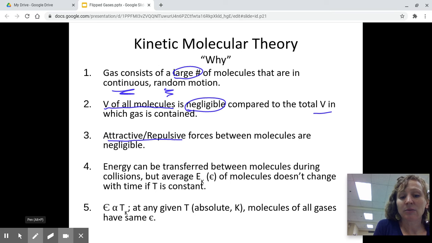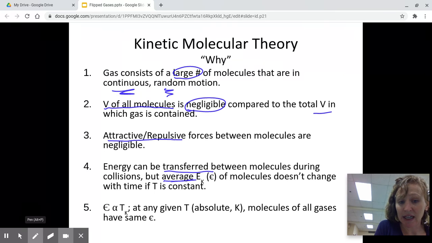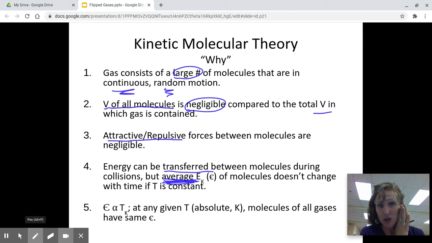Energy can be transferred between molecules that collide. Think of a pool ball. If all the motion energy of one is passed into the other, it will keep moving at the same speed. So it can be transferred during collisions, but the average kinetic energy of molecules, measured by the temperature, doesn't change with time.